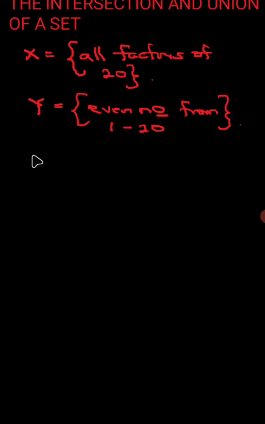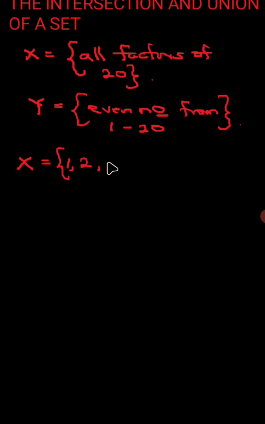Okay, let's deduce what these two sets are. X is all factors of 20, and the factors of 20 are those numbers that can basically divide 20. So let's say the first one is 1, 1 is a basic factor of all numbers.